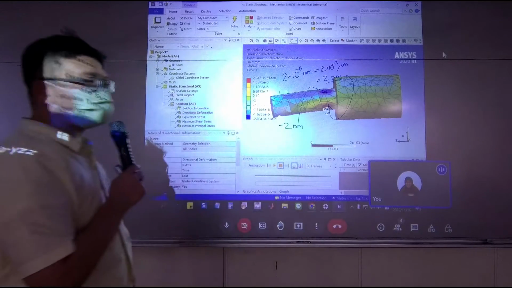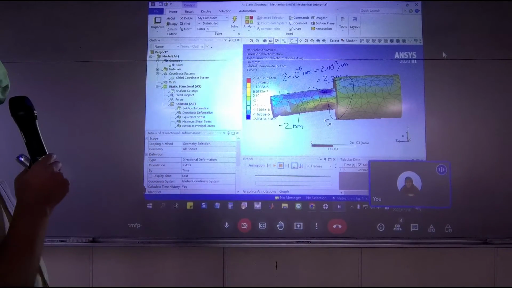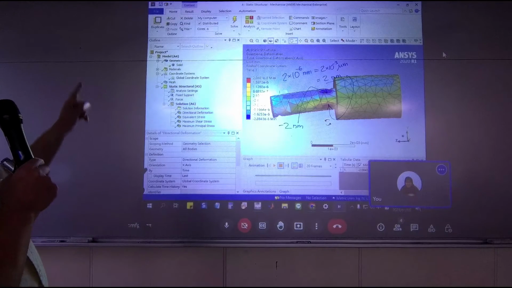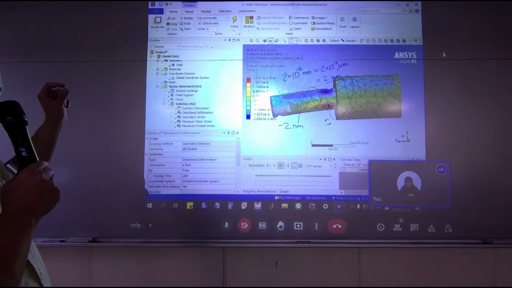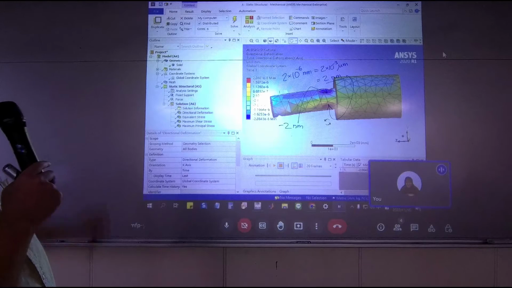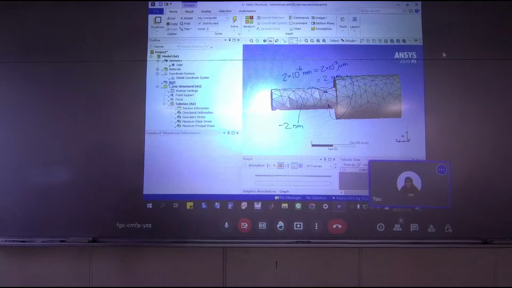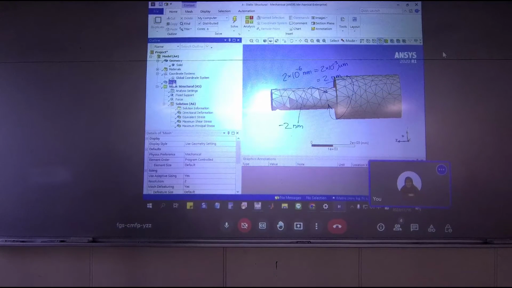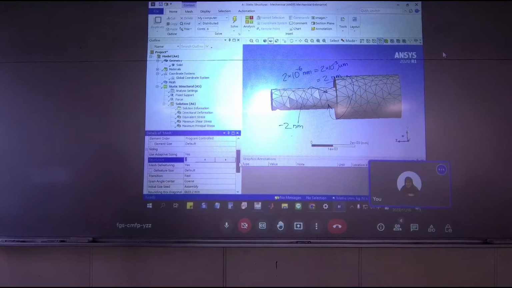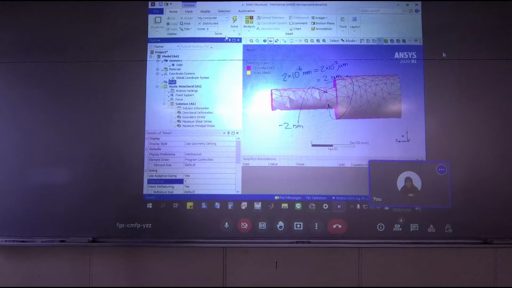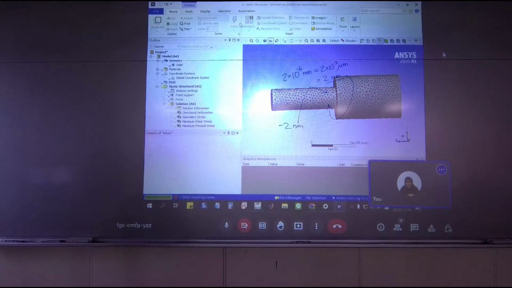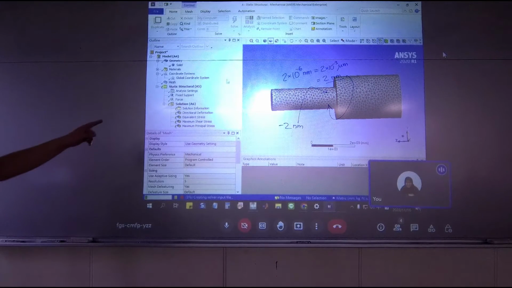But is it correct? Maybe not. So Alan, let's try to make our mesh smaller. Okay. This time change it to 5. Okay. Solve again. Okay, and let's check deformation again.